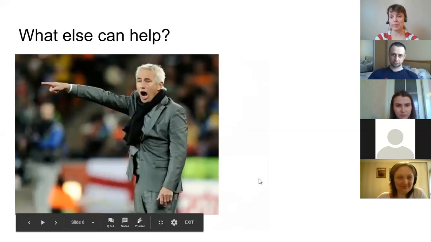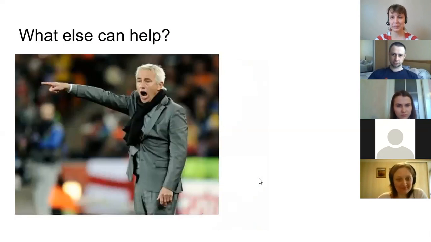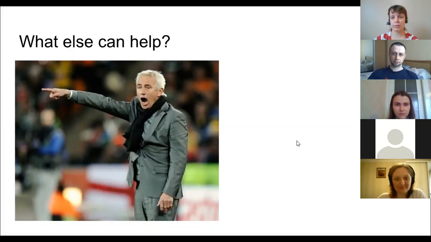What else can help us? Pictures, gestures. Gestures, pointing, Lisa says, miming, so using all the devices that you possibly can.